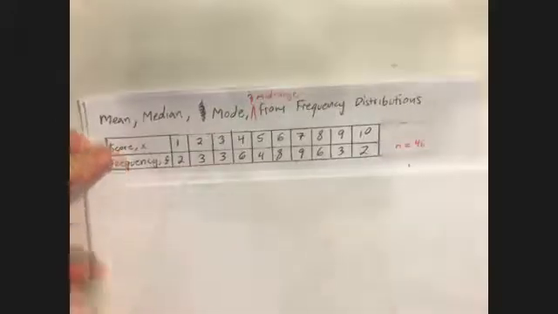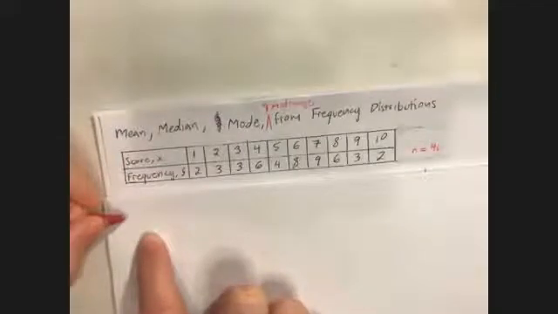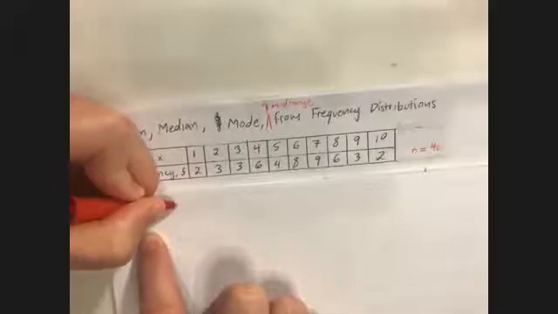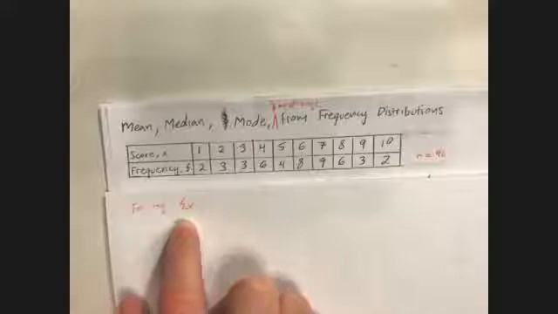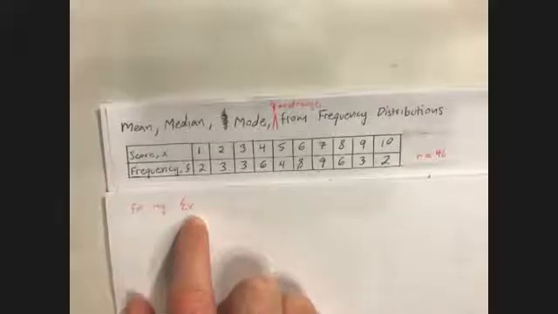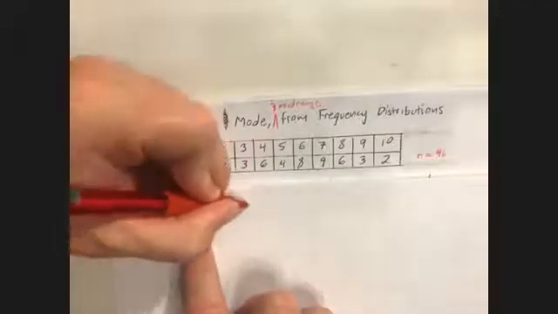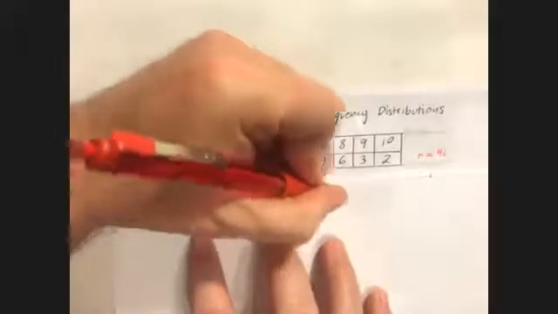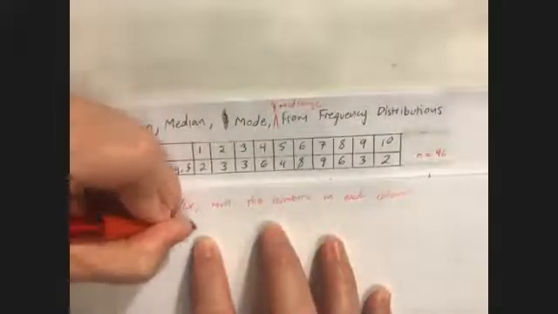Well, for my summation of x, meaning adding up all the x's, I'm actually going to multiply the numbers in each column and add those.